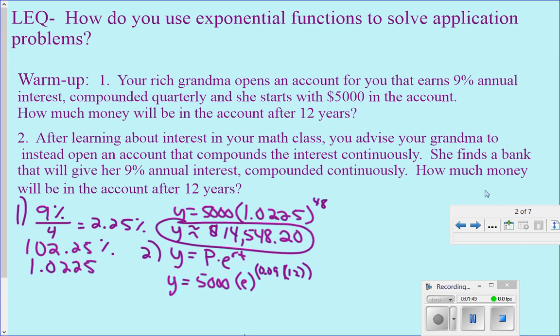And that's what I need to type in the calculator. When I do that, I'm getting $14,723.40. That's my answer for number 2.